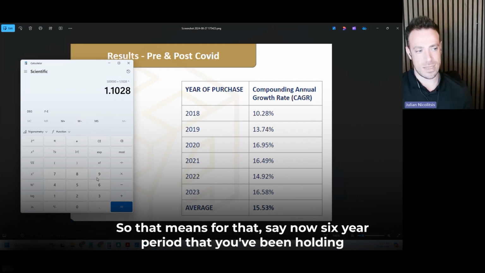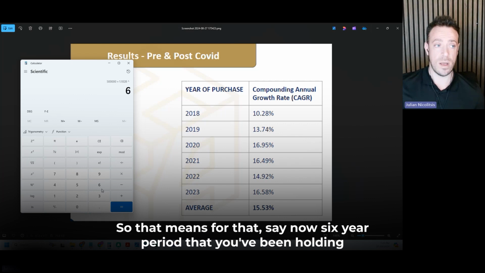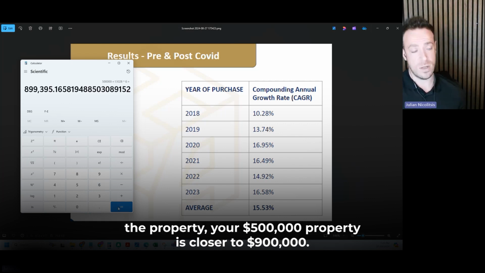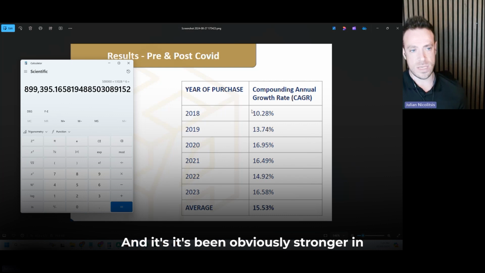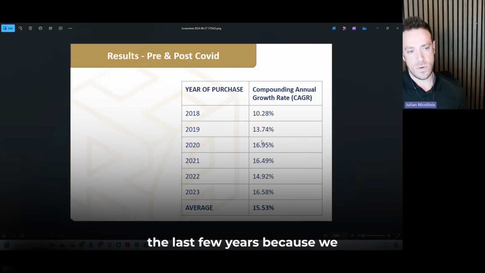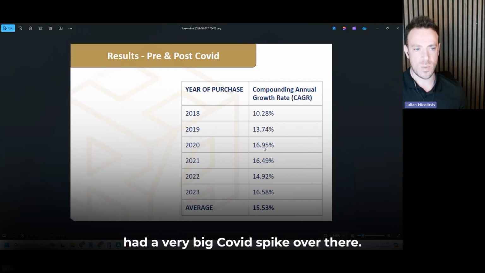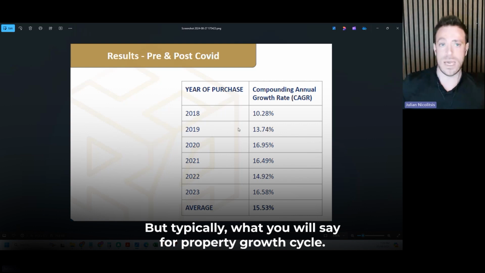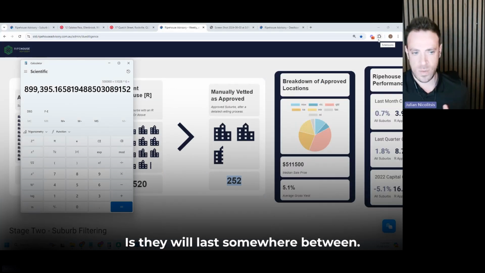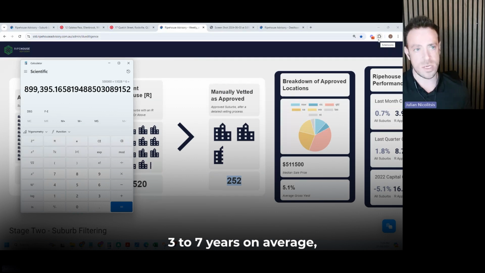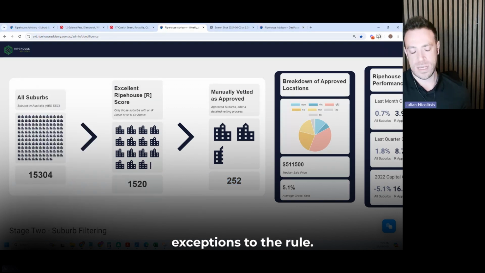That means for that now 6-year period that you've been holding the property, your $500,000 property is closer to $900,000. It's been stronger in the last few years because we had a very big COVID spike. But typically property growth cycles will last somewhere between 3 to 7 years on average, though there are always exceptions to the rule.